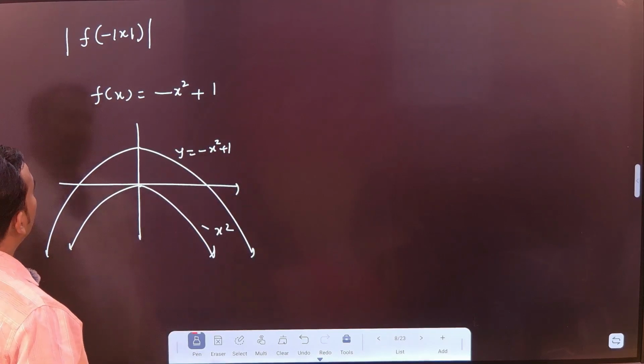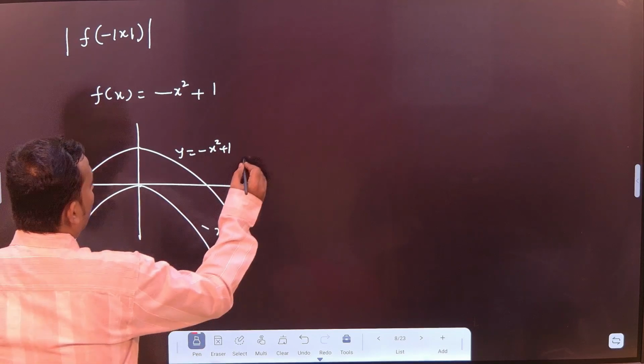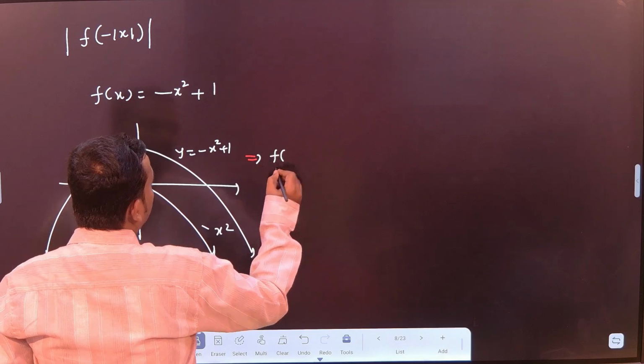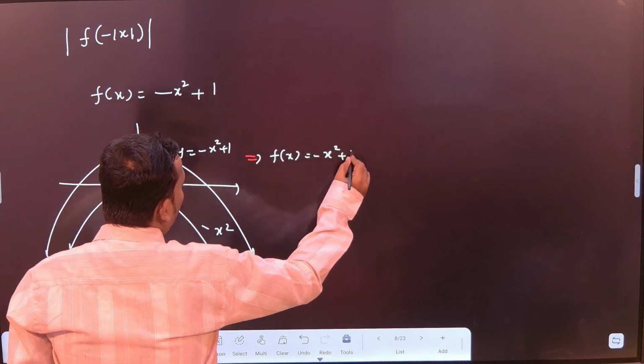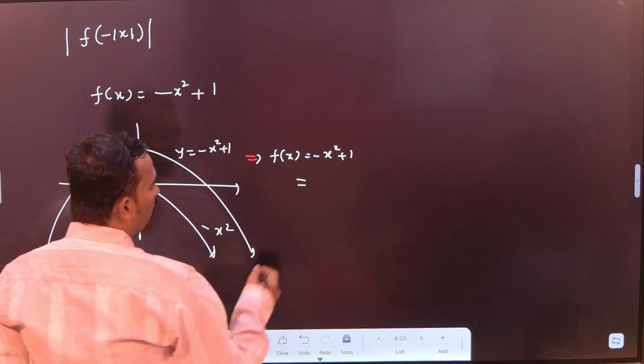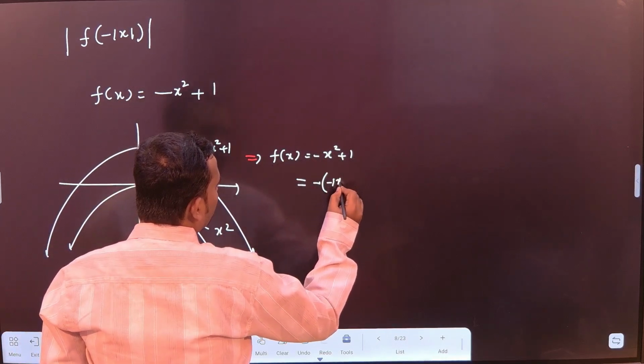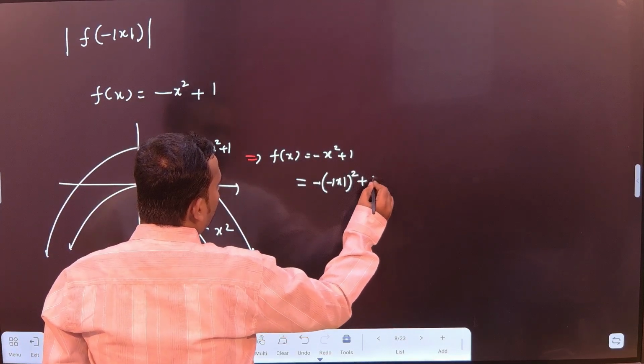Clear? Now what we can do, we have to replace. That means f of x is minus x square plus 1. You replace x by minus mod x, so it becomes minus mod x whole square plus 1.